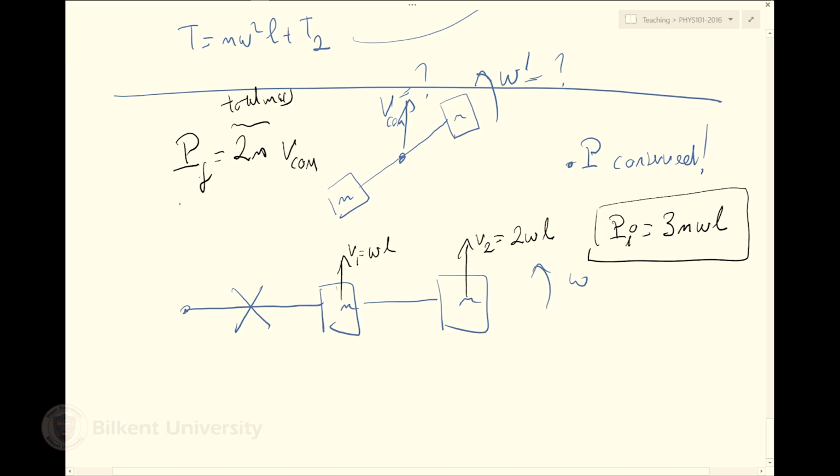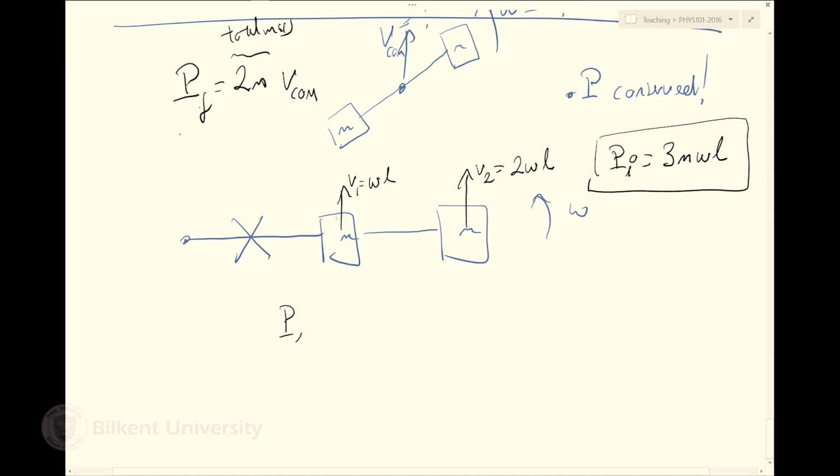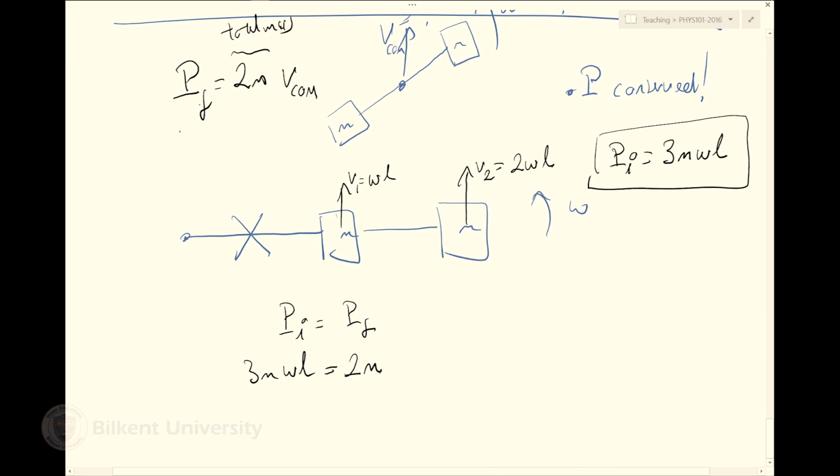So that's great. P initial is equal to P final. So 3m omega L is 2m times v center of mass, m's cancel.